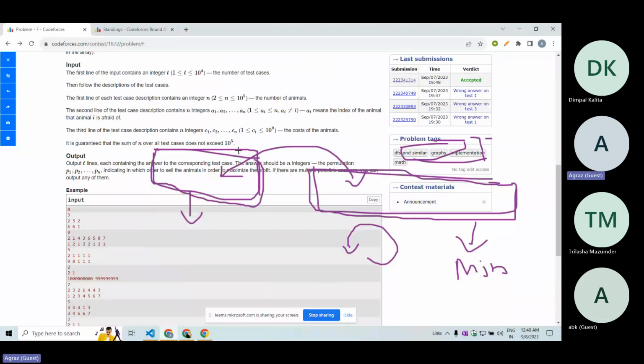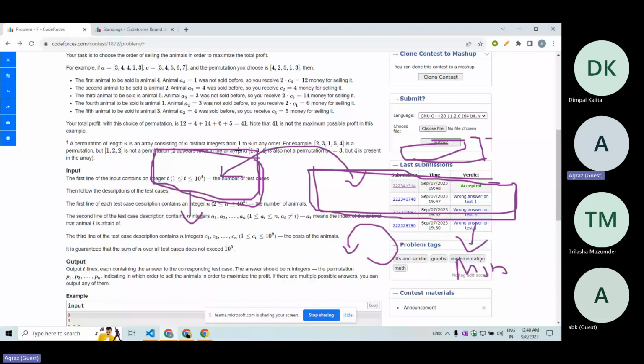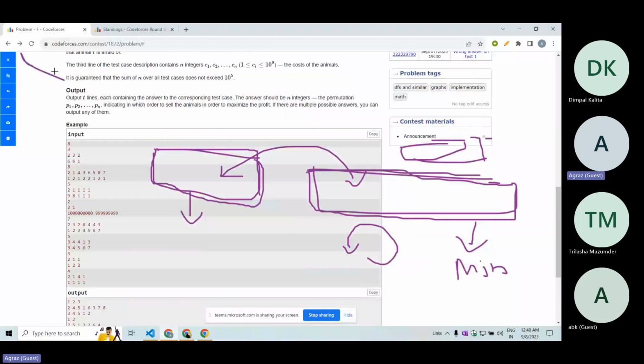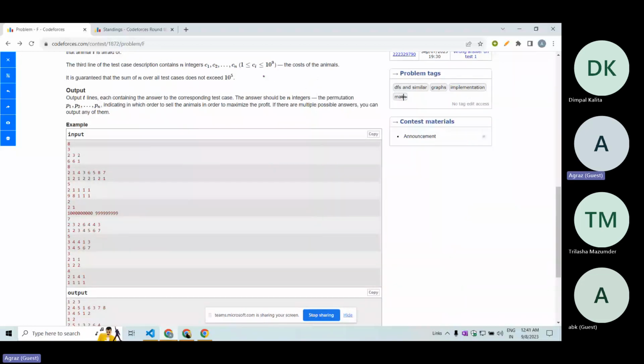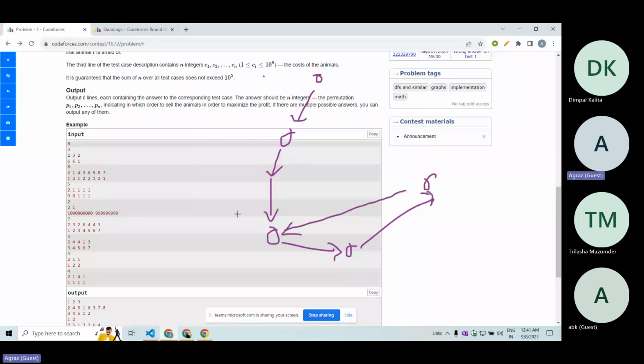Now the question arises, how can we do it? How can we approach the solution, right? For example, if this is a graph, this is a type of graph. So you see, this is a cyclic component.